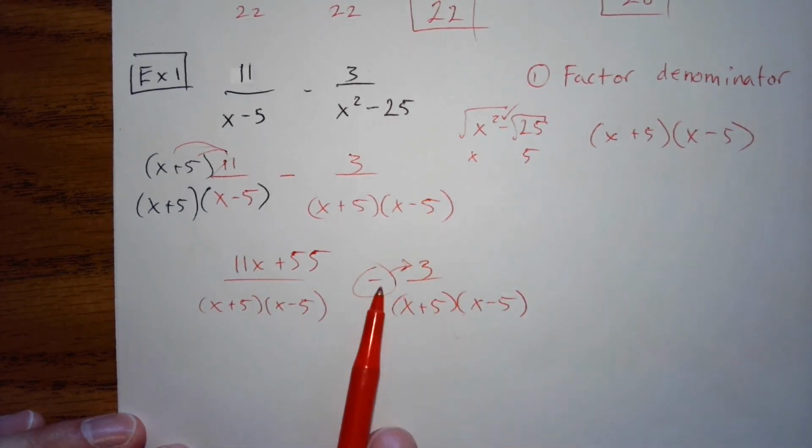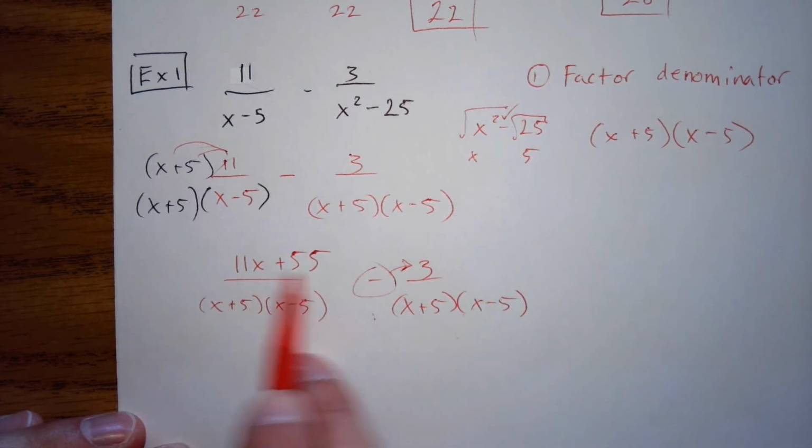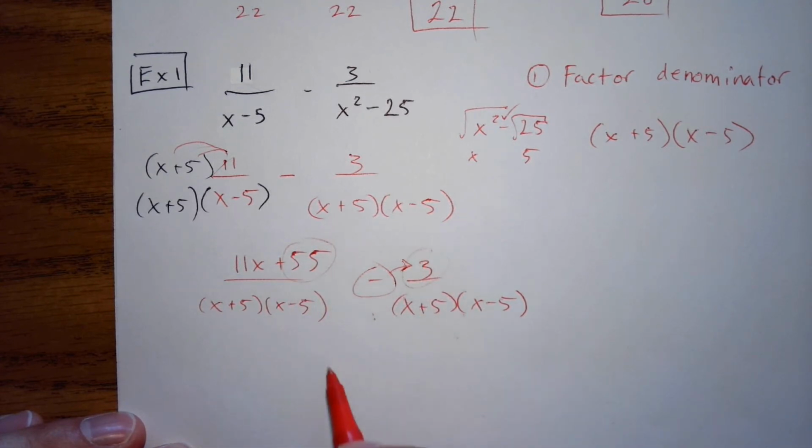If there was more than one term, I would distribute the negative to everything, but there's only one term, so the negative will go to the 3, and then I can combine like terms in the top. The 3 and the 55 will combine, so I get 11x plus 52 over x plus 5, x minus 5.